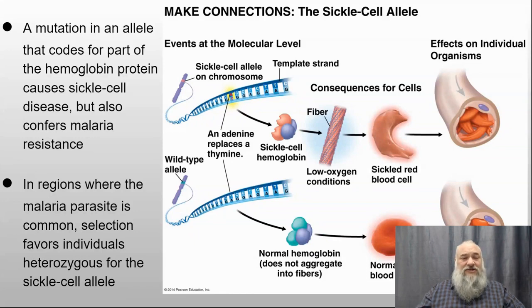Not sure exactly how, but if you have that heterozygote condition, you're actually more fit in areas where there's a lot of malaria, because you're more likely to live long enough to reproduce. With full sickling, you're probably going to die too young to reproduce, or not be able to find a mate. Or if you have the full normal, where you never sickle, you're more likely to die of malaria before you're old enough to mate. So that in between is advantageous in that particular situation.